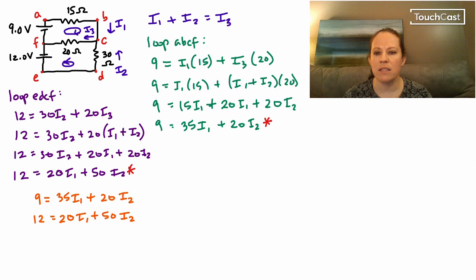So in this case, I notice that for those coefficients of I2, 20 goes into 50 2.5 times. So if I multiply my top equation through by negative 2.5, I will end up with negative 50 I2 as that term, and then when I add the 2 equations, I've now effectively eliminated I2. So that's what I'm going to do.